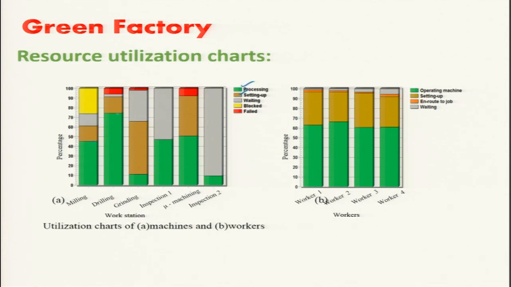This is the processing time, brown is the setup time, and we can also see the idle times when the thing is working. The idle time for workers varied from 1 to 6%, and the remaining time was production time, distributed among operating the machine, setting, then up route and down route. These are the times we have already discussed, just put in PPT for you to see.